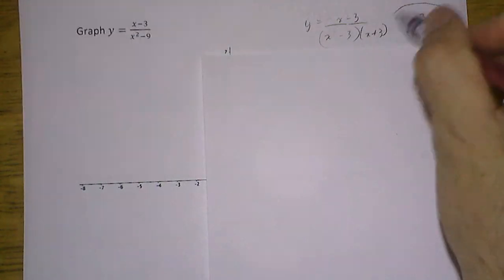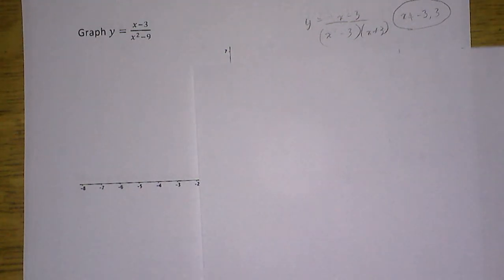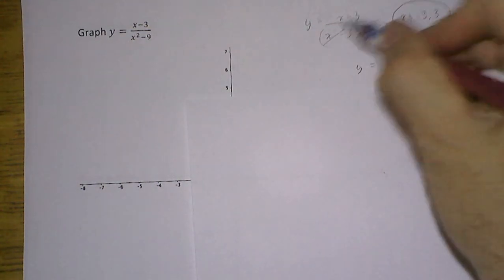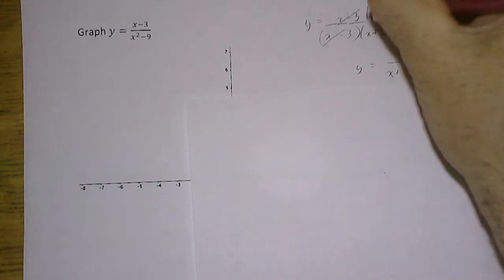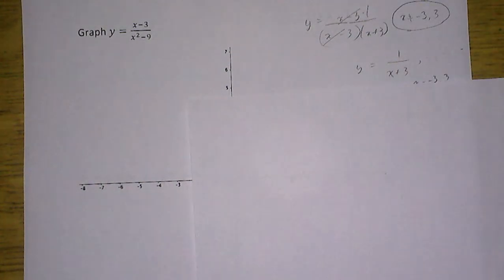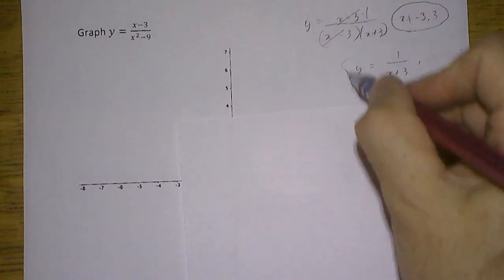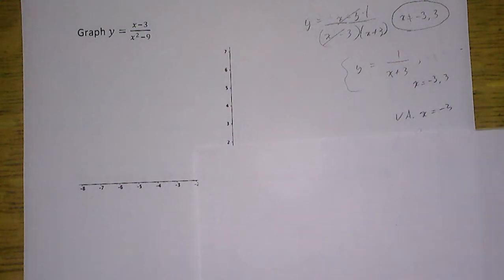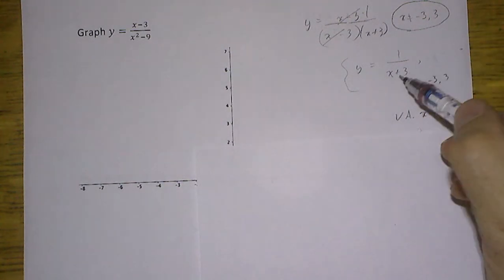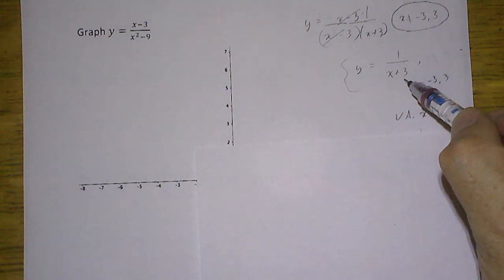But our non-permissible values always have to stick with us. So this simplifies. We can cross out a common factor, and if we do that, all that remains in the numerator is just a 1. So this simplifies into 1 over x plus 3, where x cannot be equal to negative 3 or 3. If we take a look at this function now, what we are able to see is that I have a vertical asymptote at x is equal to negative 3, in other words, where my denominator is equal to 0.